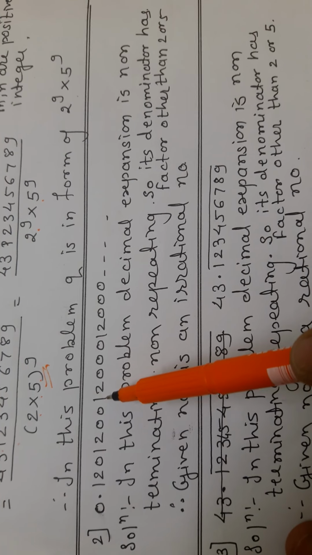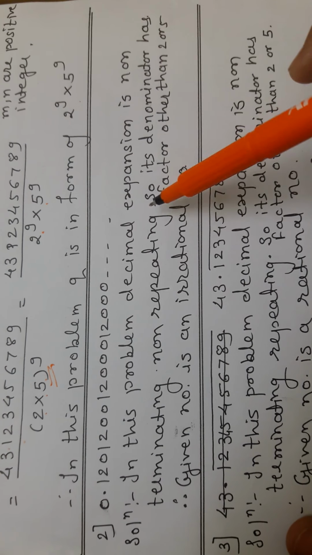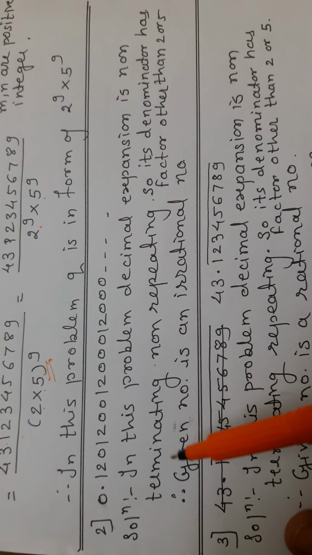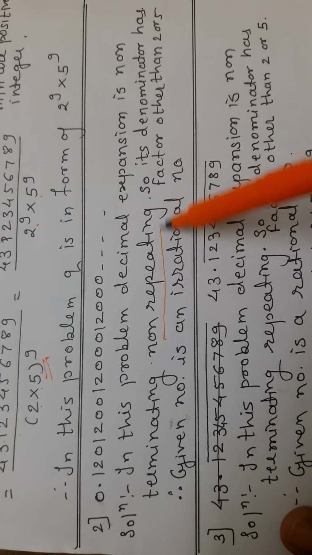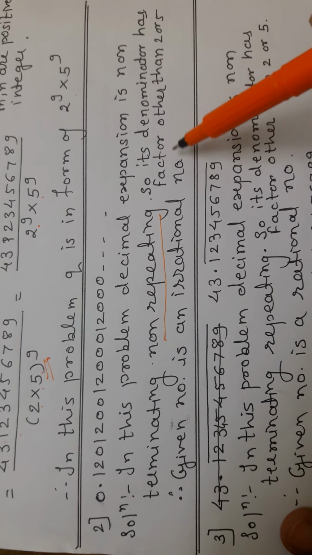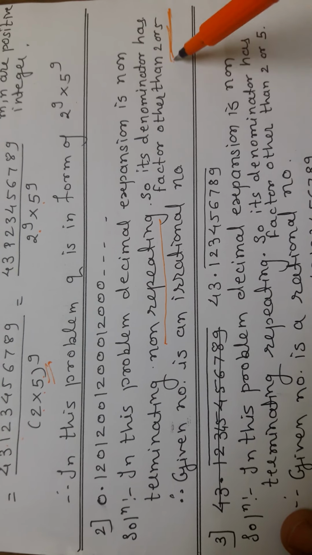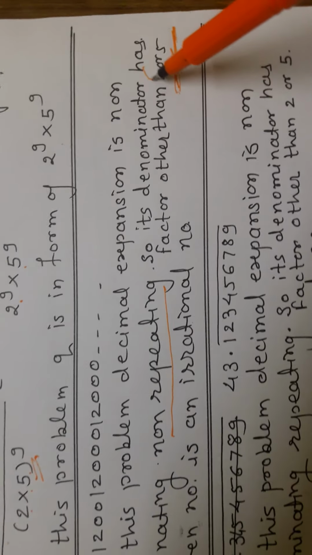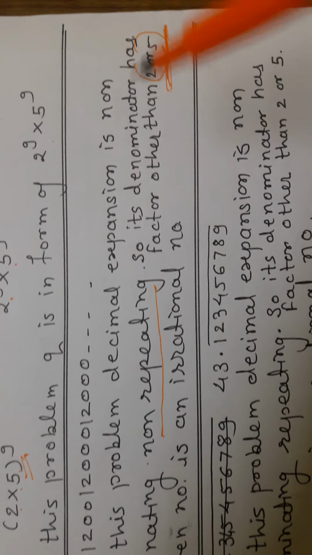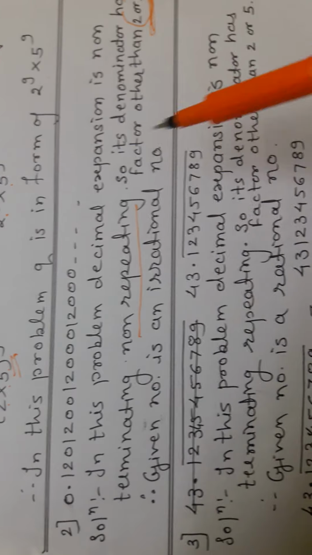Second problem, 0.120, 1200, 12000 and dot dot dot. In this problem, the decimal expansion is non-terminating, non-repeating. So its denominator has a factor other than 2 or 5, meaning the denominator does not have 2 and 5 as factors. Therefore, the given number is an irrational number.